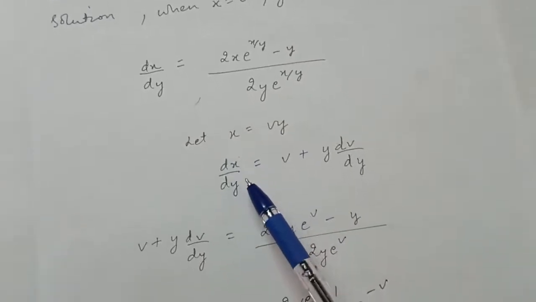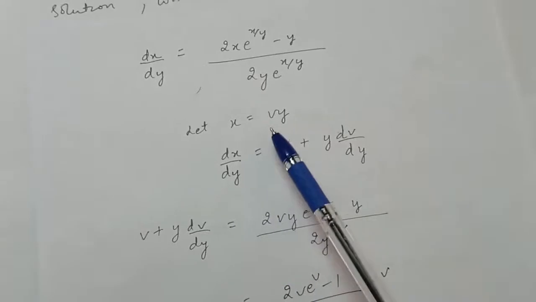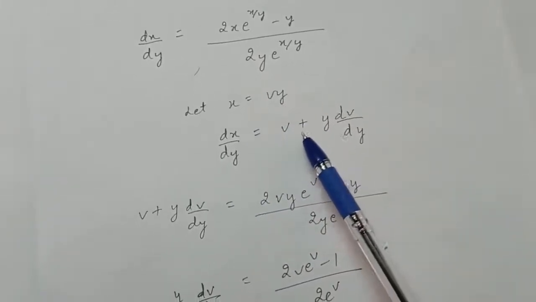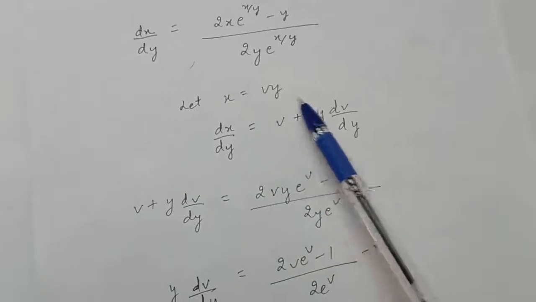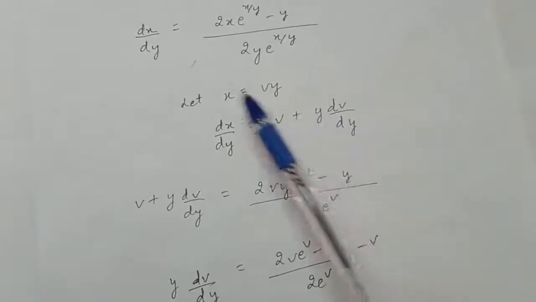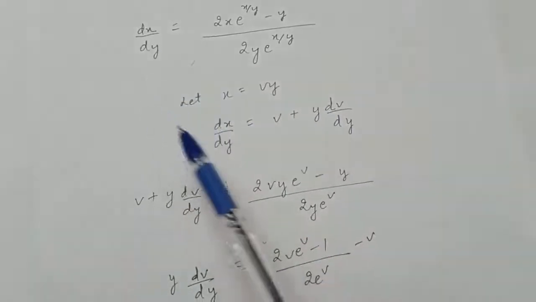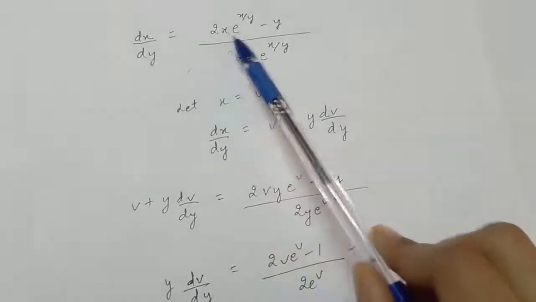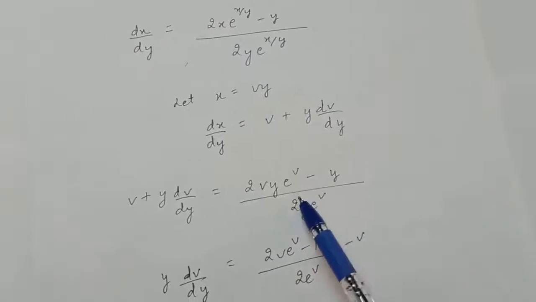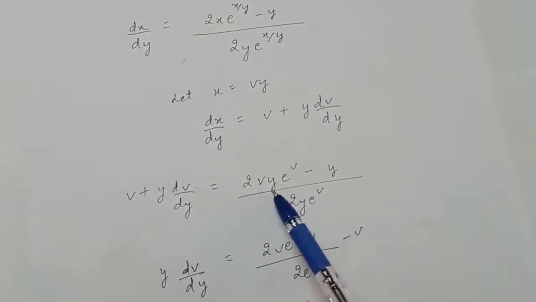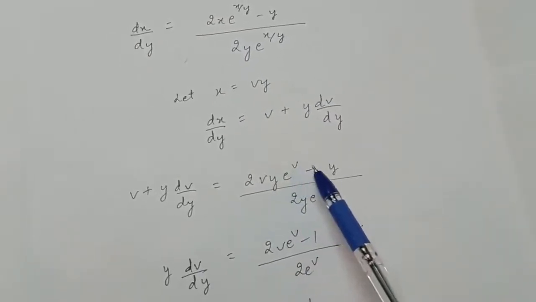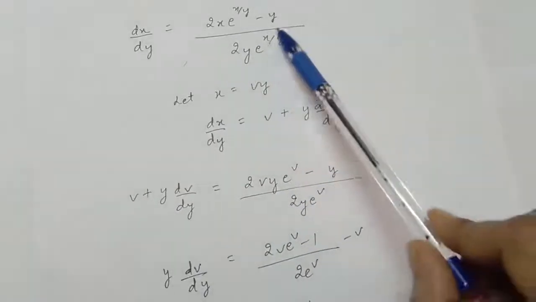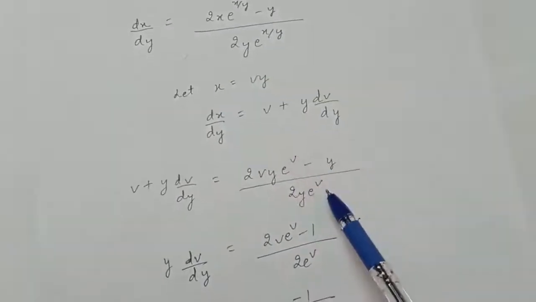So it will be dx by dy equal to v as it is, derivative of y with respect to y, which is 1, plus y as it is, derivative of v with respect to y. So in place of this dx by dy, write down this value equal to, in place of x here, write down vy. So you will get this 2vy e raised to the power v minus y upon 2y e raised to the power x by y, which is from here v.